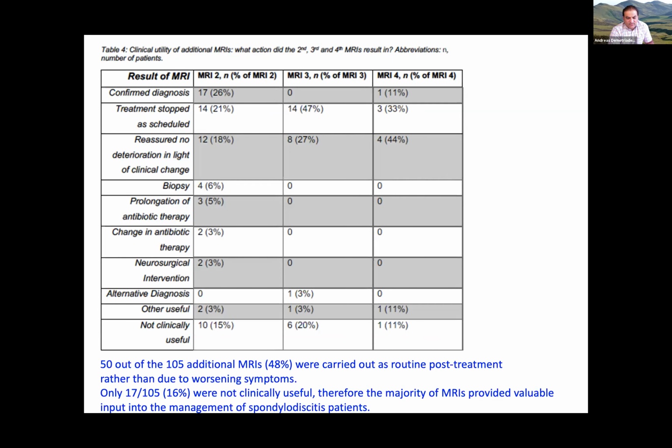Are they cost-effective? Well, 50 out of the 105 additional MRIs were routine post-treatment surveillance rather than clinical worsening. But in our opinion, only 17 of these were not clinically useful, and the majority of these were useful in further management, because the further management may be maintenance of conservative management, but it's still a decision facilitated with a surveillance MRI. But we acknowledge the cost.